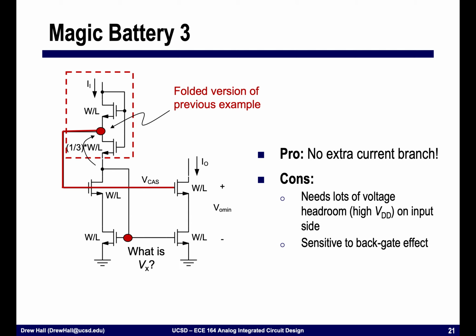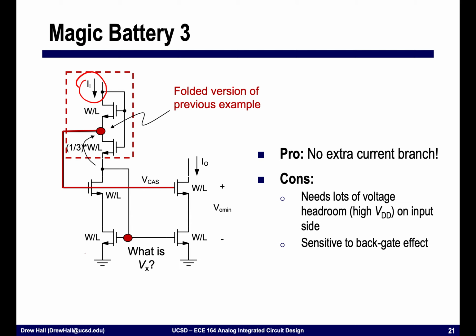All right, so what else can we do with the structure? Well, in the previous example, we needed 2 branches in order to bias the current. Here, you can show that you can fold this and reduce the number of required bias branches to 1. You're simply taking this structure that we had previously below and stacking it on top of each other such that this bias current I1 biases all of these devices.